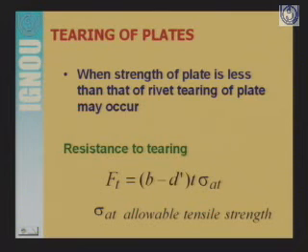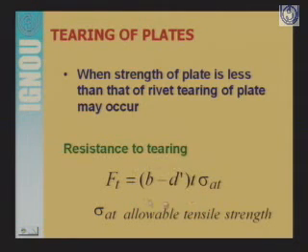Resistance to tearing we can calculate as Ft equal to B minus D dash, where B is the width of the plate and D dash is the gross diameter. We are considering that one hole is made in the plate, means one rivet is there. So B minus D dash means that the D dash area has been deducted.